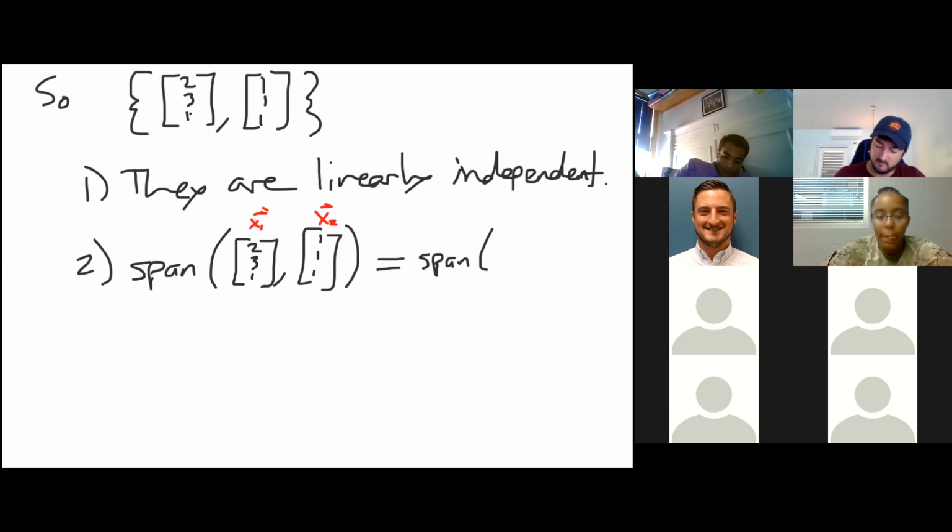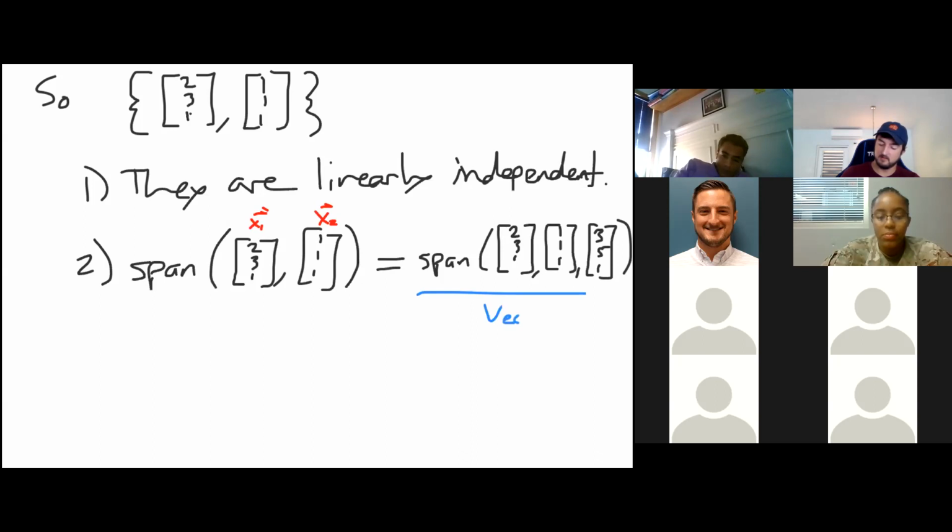The span of 2, 3, 1, 1, 1, 1, 3, 5, 1. So this set of vectors spans my vector space that I care about. So it is a basis.